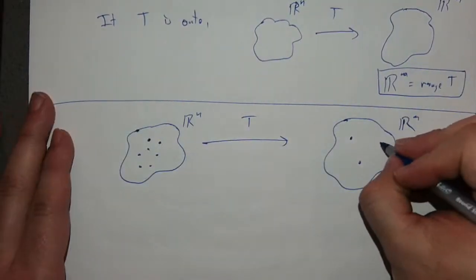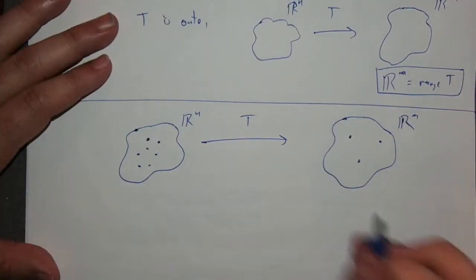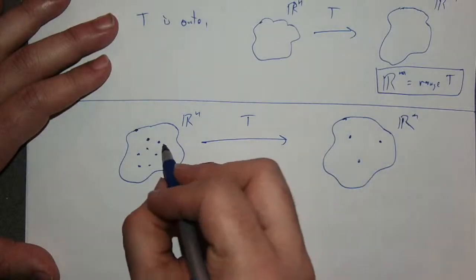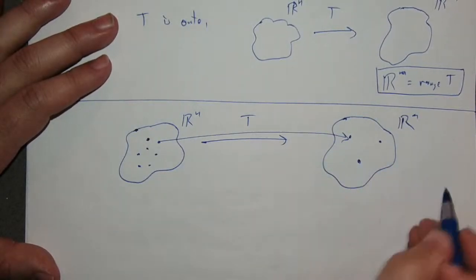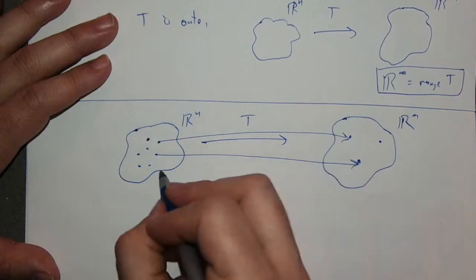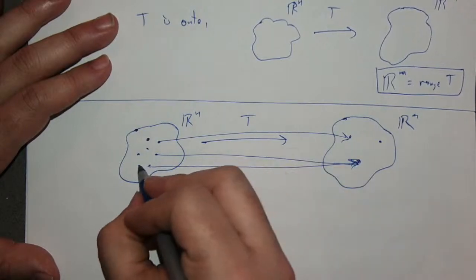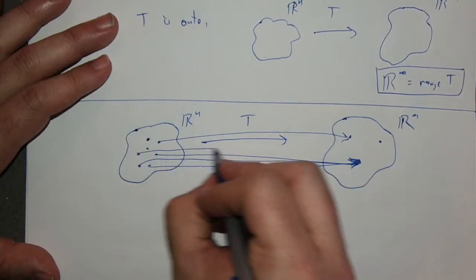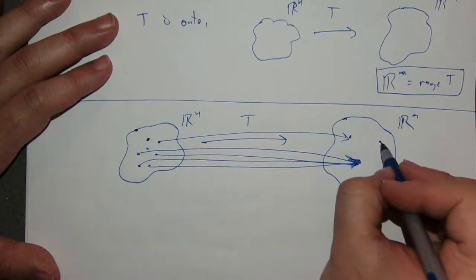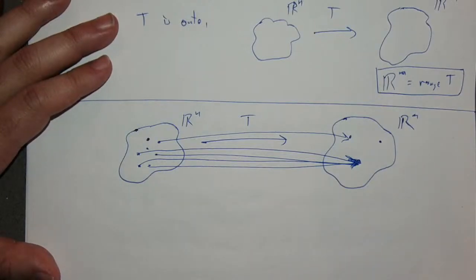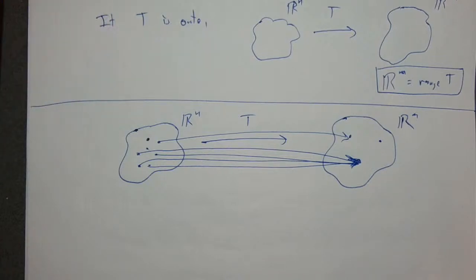Okay, and so I'm going to draw in 3 points here. So let's say that this point comes from a single point. This point comes from like 2 different, 3 different, maybe many different points. This is not hit at all, but that's not a problem in general.